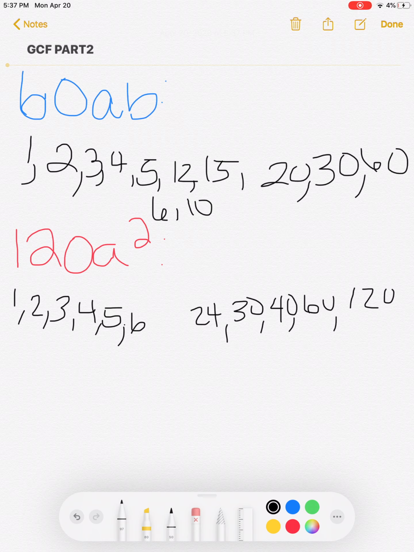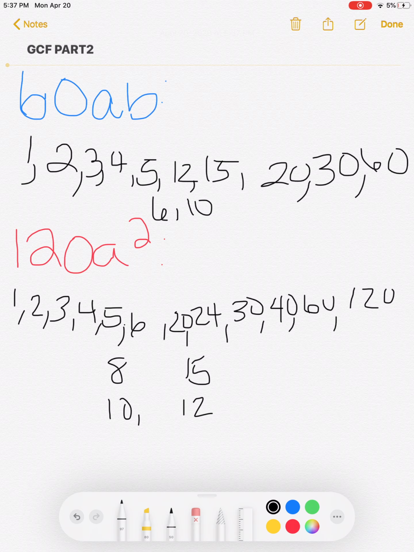I have 6 times 20. I have 7, no. 8, I don't think so. Oh, yeah, 8 and 15. 9, no, 10 times 12, and that's it. So all of these are my factors of each one.